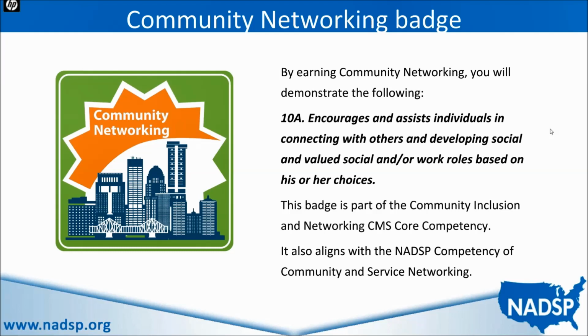And in this case, it's skill statement 10A, that the direct support professional encourages and assists individuals in connecting with others and developing social and valued social or work roles based on his or her choices. So this badge comes from the community inclusion and networking core competency.